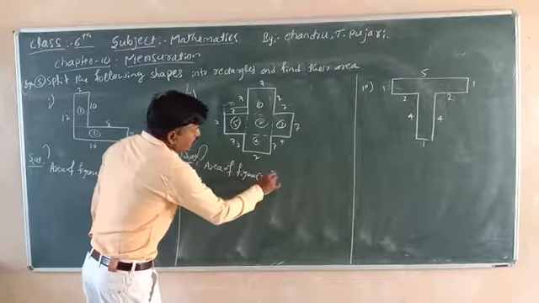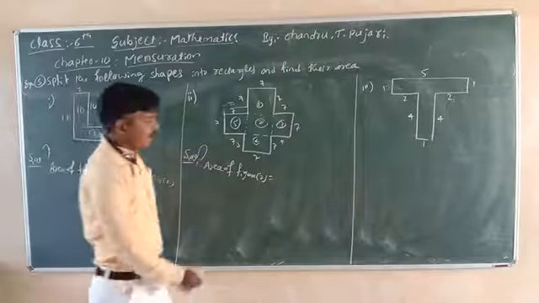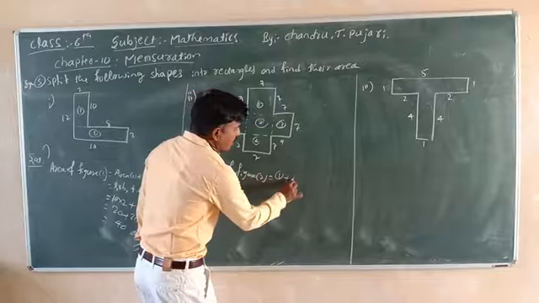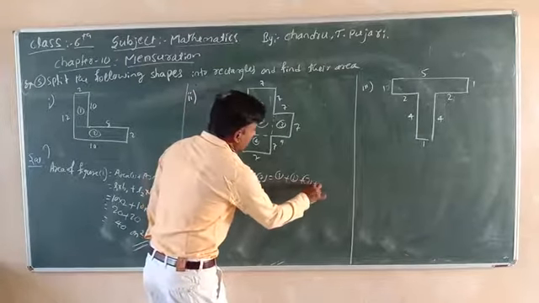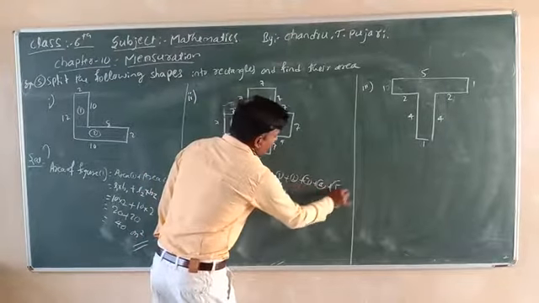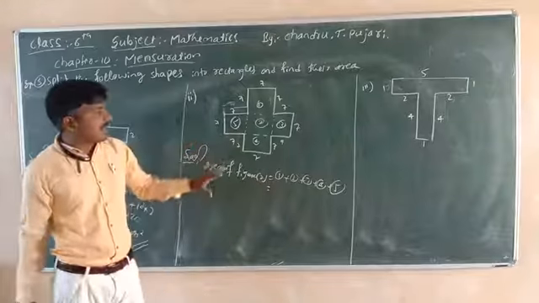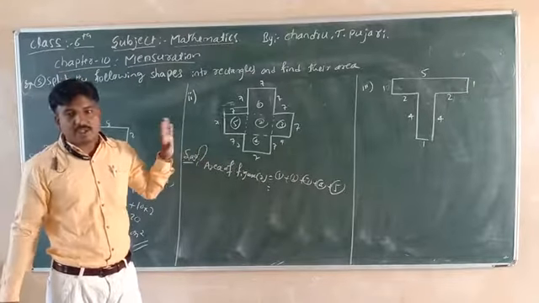Area of figure 2 is equal to area 1 plus 2 plus 3 plus 4 plus 5. In the given figure, all five areas are equal squares.